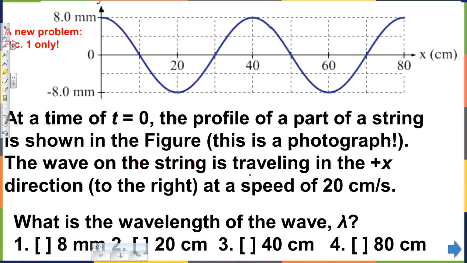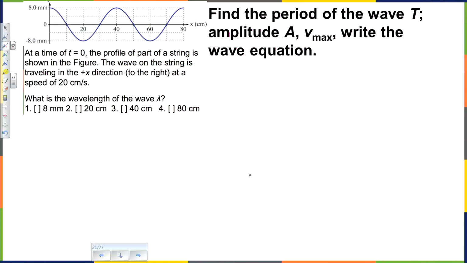We can extract a lot of information from this photograph. For example, the amplitude, the wavelength. This is the amplitude. Sometimes it's easier to see the whole span and divide by 2. So the amplitude will be equal to 8 minus -8 divided by 2, which is 8 millimeters.